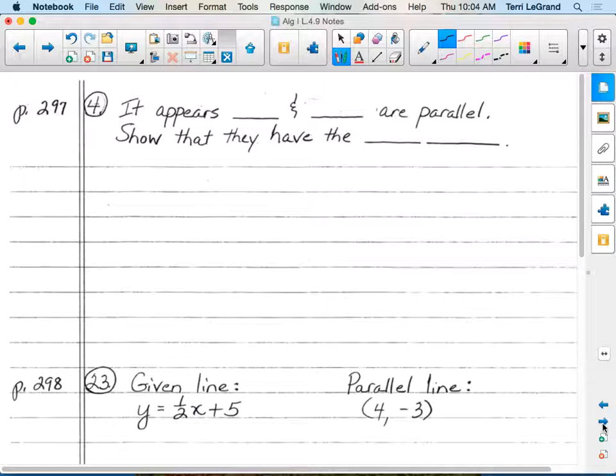Okay, let's look on page 297 in your books. Page 297, problem number 4. In problem number 4, geometry, show that ABCD is a trapezoid. What's the definition for a trapezoid?